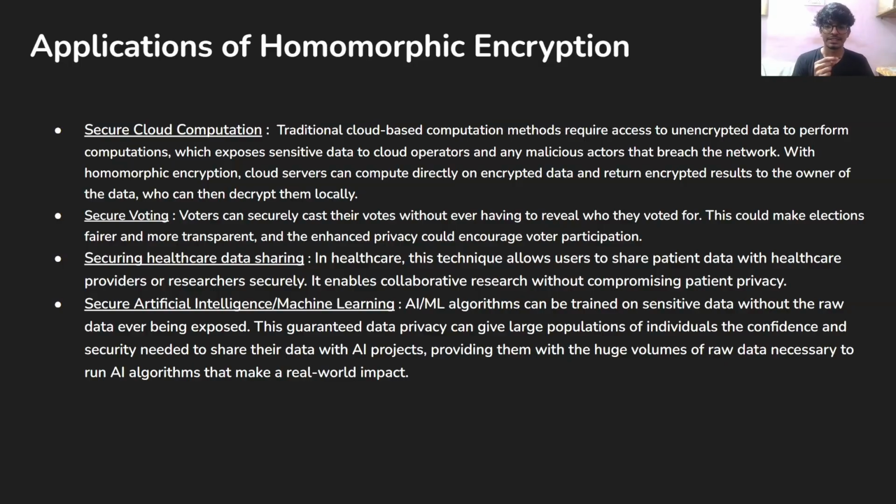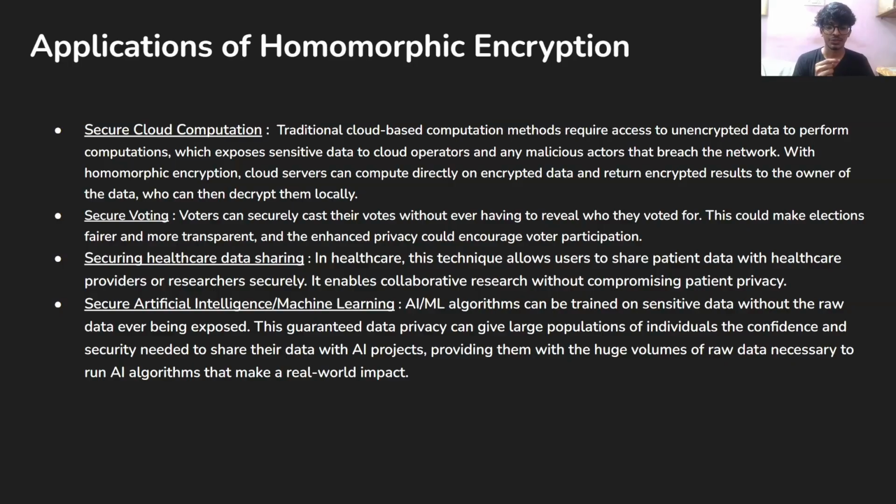Many artificial intelligence and ML algorithms can be trained and developed in a secure way using homomorphic encryption. How, you ask? Because in order to train these models, we need a large amount of data, but this data should not be entirely visible to the model trainers, which would create a threat to the security of our data.